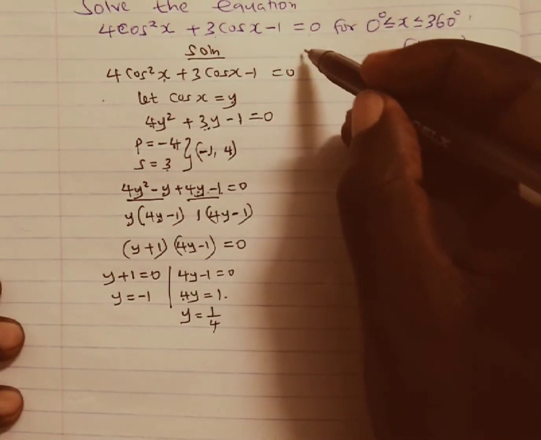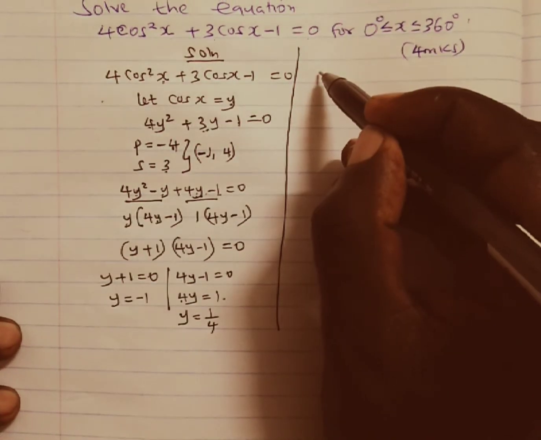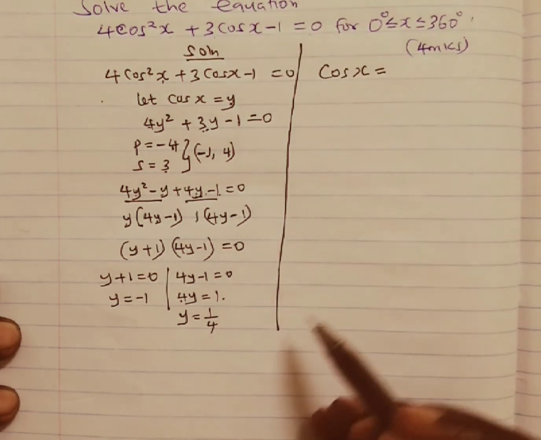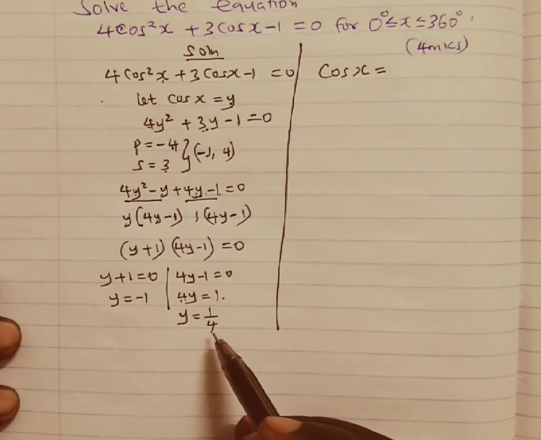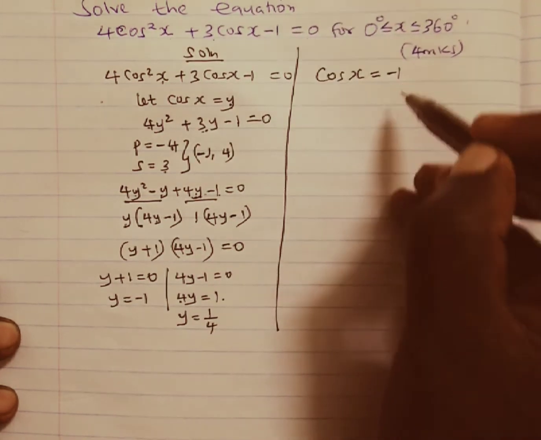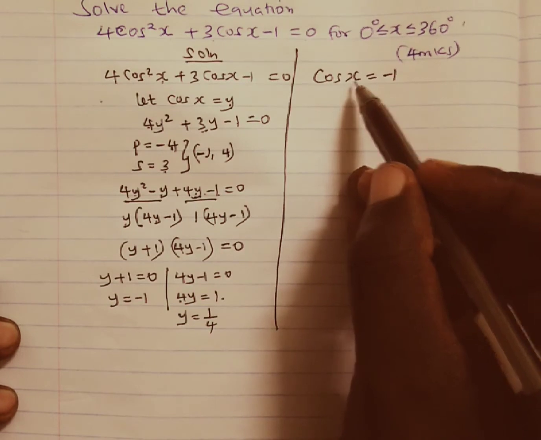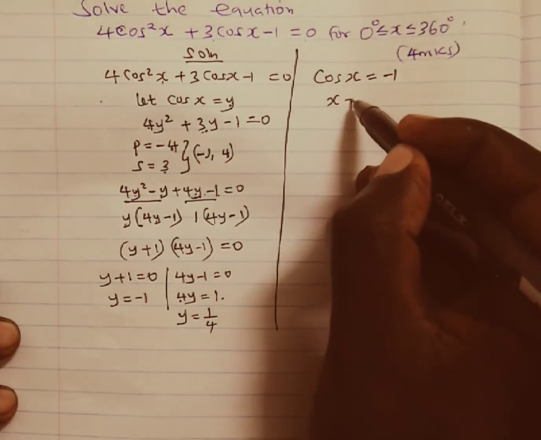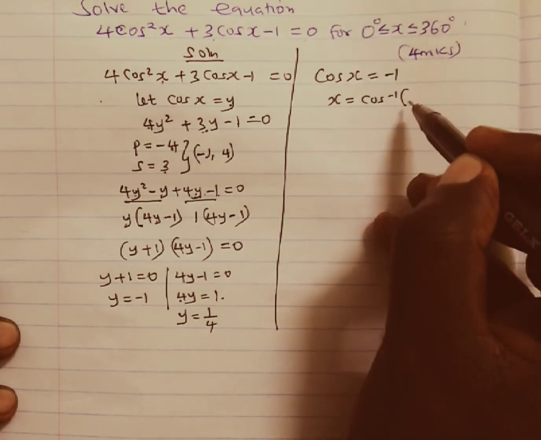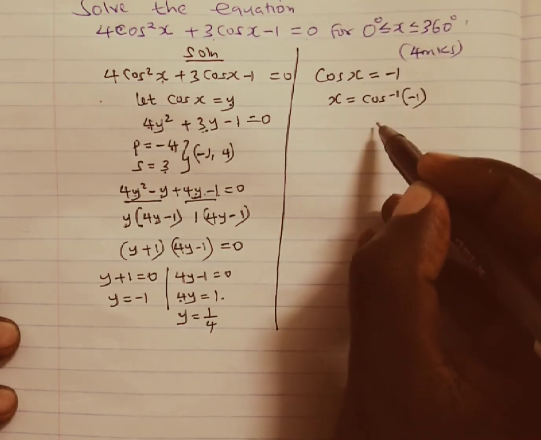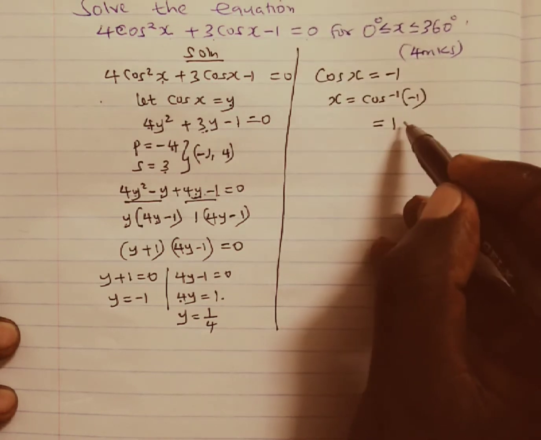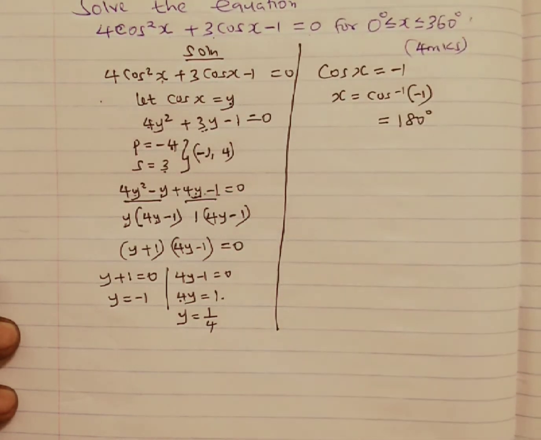We said let cos x be equal to y, and the first value of y is negative 1. To get the value of x, we find the cos inverse of negative 1, and using your calculator, the cos inverse of negative 1 is equal to 180 degrees.